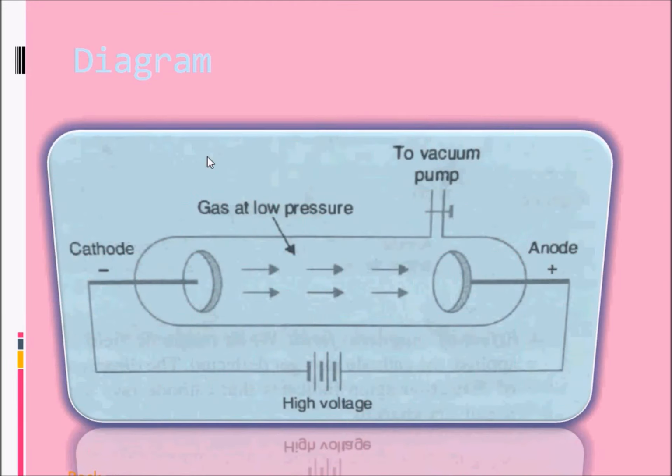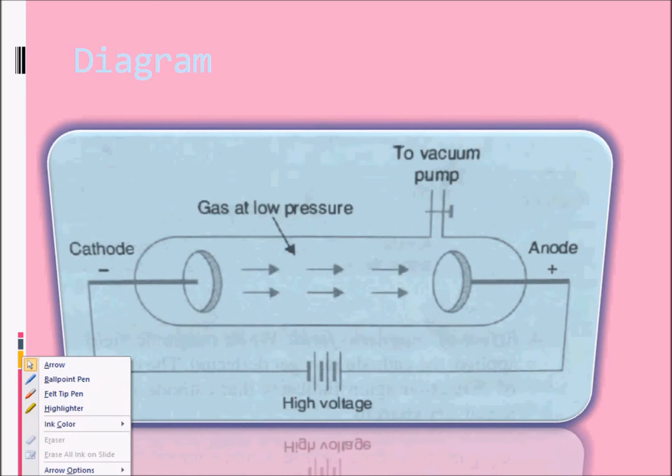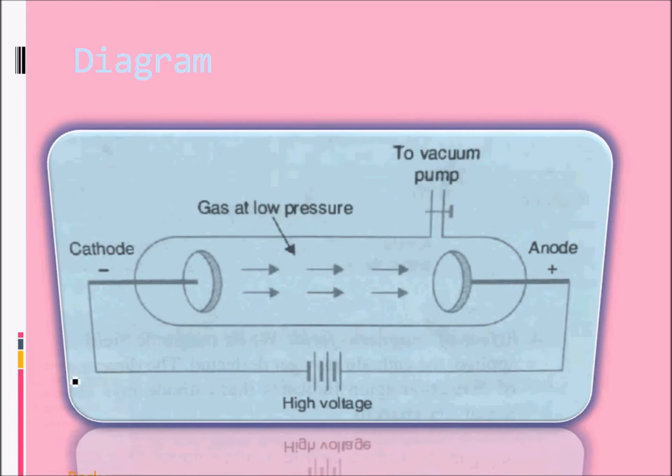with the discharge tube. Here you can see the diagram of a discharge tube. Let's take a marker first and highlight the main points. This is a discharge tube.